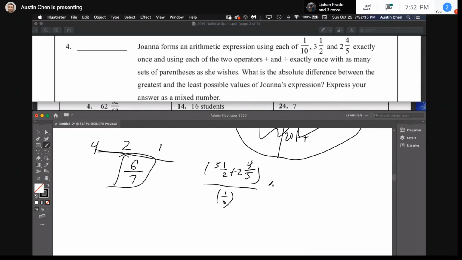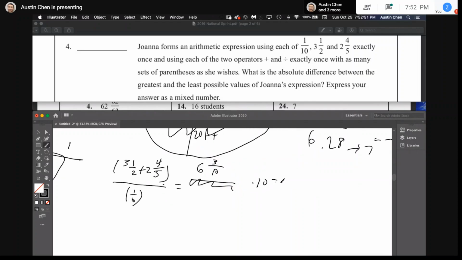So this has to be our greatest possible value of the expression, which is just 6 and what? So this is 5/10, so this is 8/10, so then this has to be 3/10. And we're multiplying by 10, right? So then our greatest value is 60 plus 3, which is 63.